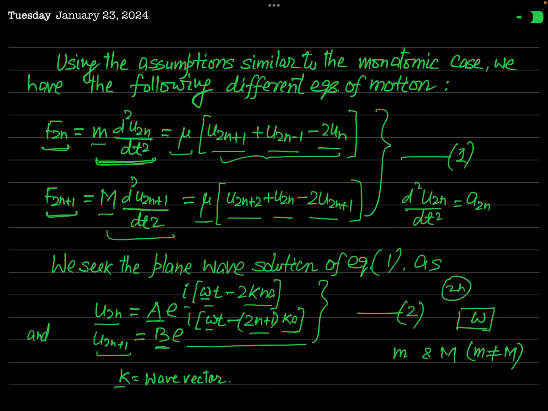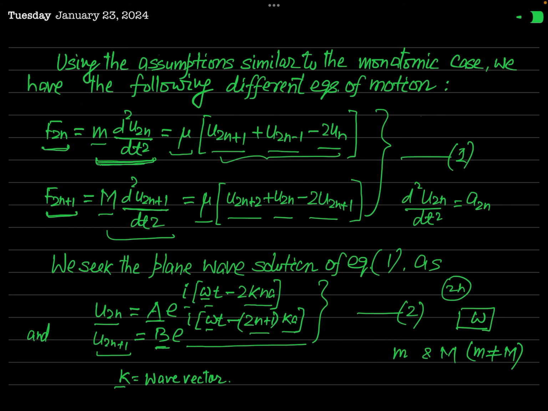Since the masses of the two atoms are unequal, in general you must consider that the amplitudes of vibration of both atoms may be different, but their frequency of vibration is the same, because both atoms participate in the same wave motion. I think you have clearly understood this argument.